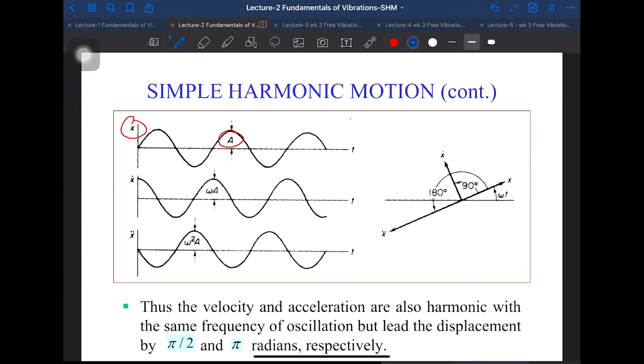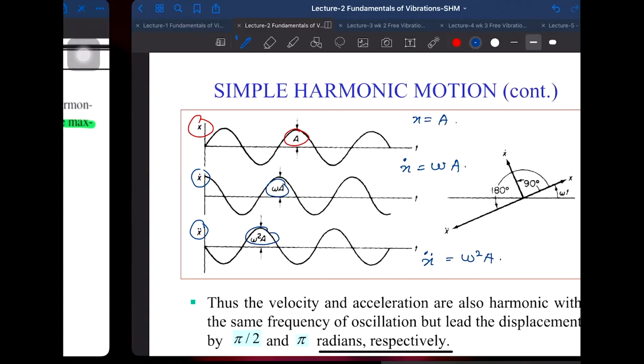So I'm just going to take it out here. x equals A, and then your velocity x dot equals omega times A. And lastly, your acceleration x double dot equals omega squared times A. These are the formulas that you can get from your lecture slide.